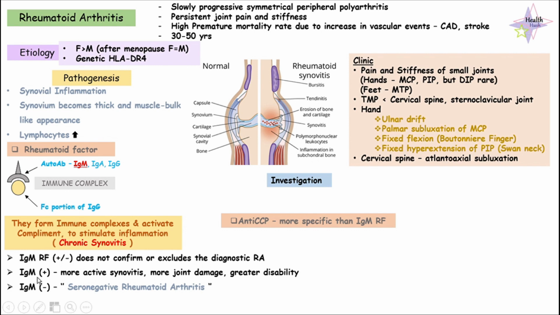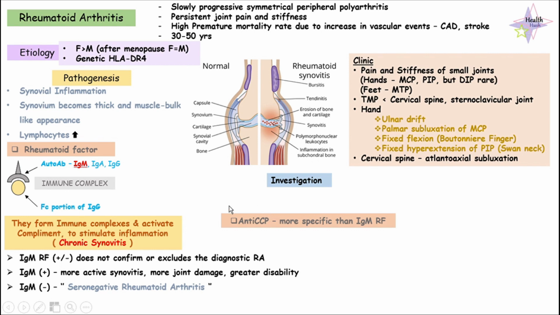Presence of rheumatoid factor IgM means that the synovitis is more active and the joint is damaged more, and there is a greater disability of the joint. And it being negative does not exclude the diagnosis of rheumatoid arthritis. It means that it is a seronegative rheumatoid arthritis, which means that these patients suffer from rheumatoid arthritis, but they do not have the serological markers.